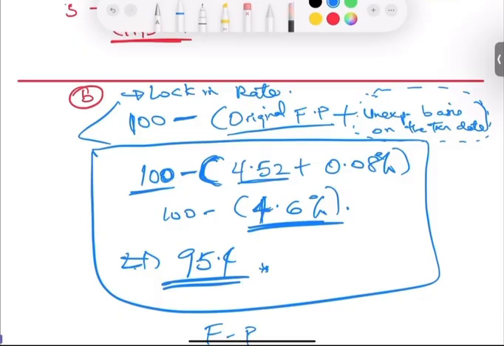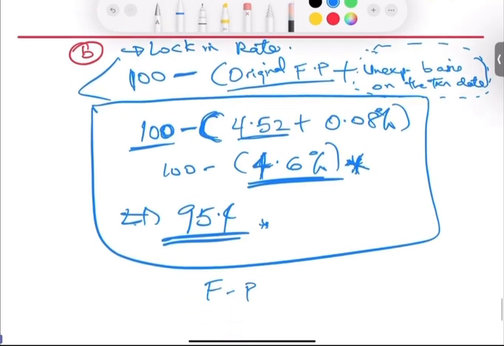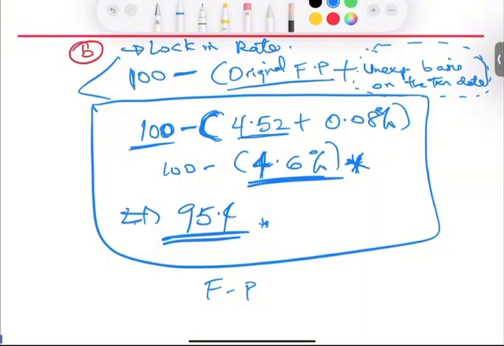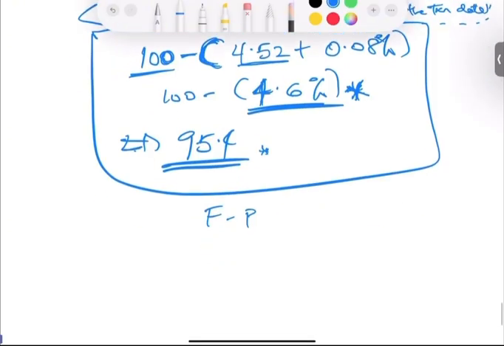That's why I prefer to put it in a bracket for you like this. So it's just your original future price plus unexpired basis that gives you the lock-in rate you're looking for, which is 4.6. And that's what you actually need.